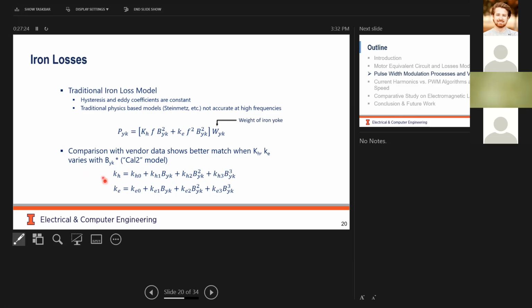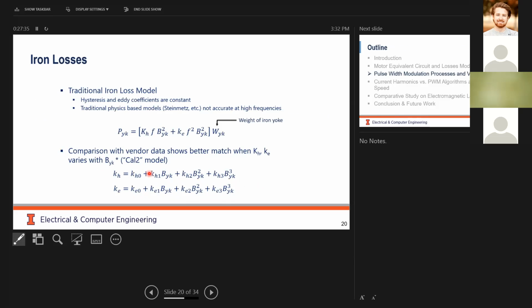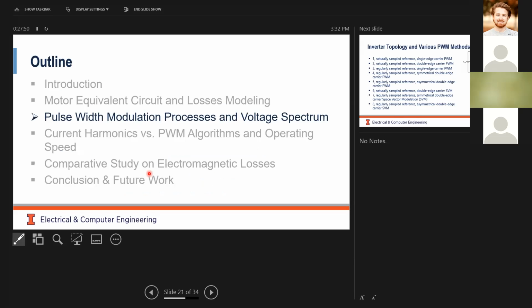So we propose to use this formula to determine KH and KE. And the rotor losses will be calculated by the equivalent rotor circuit parameters, for which we have been able to derive the exact values for the circuit components.